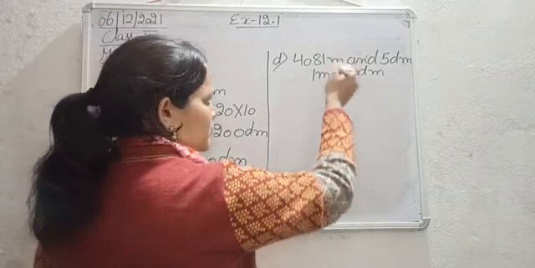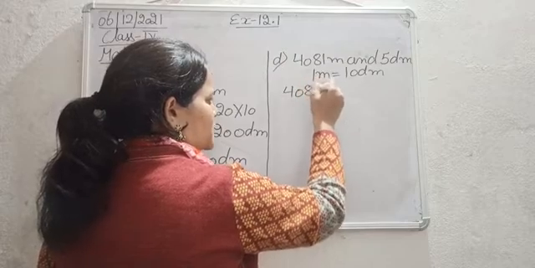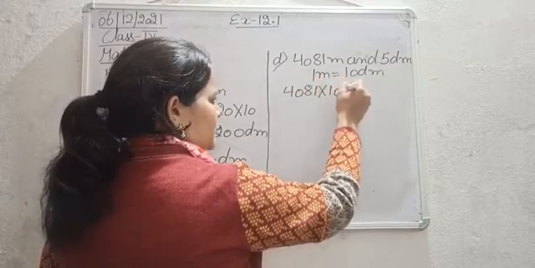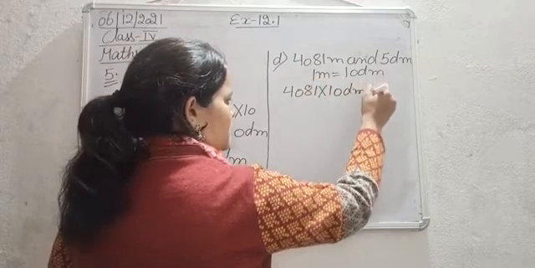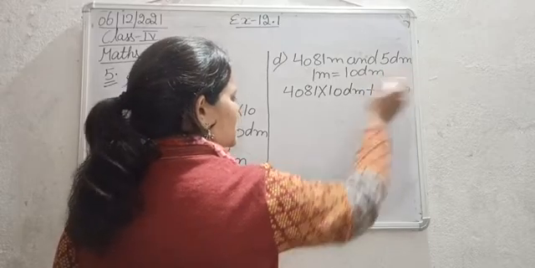So we have to convert this one. For converting 4081 into decimeter, we will multiply it with 10. Plus 5 is already in decimeter, so we will write it as it is.